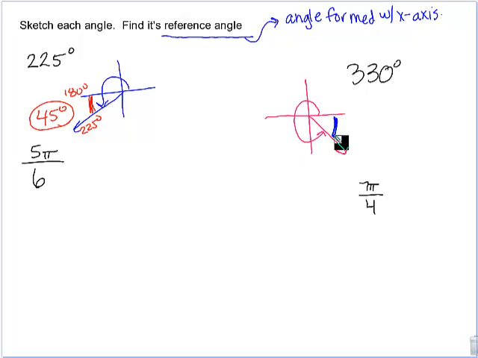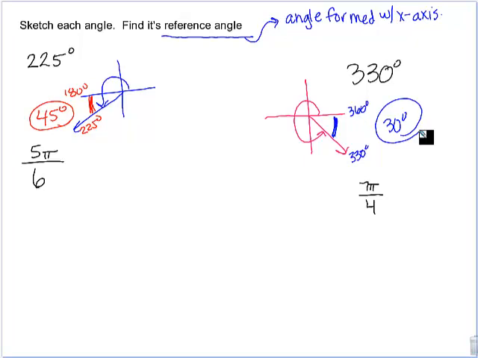Yeah, now we would subtract it from 360, because if we go all the way around, that's 360. And that one's at 330, so when we subtract those two, what do we get? 30. So 30 degrees is our reference angle. At 270, you could go to either side, and it would be 90 either way for your reference angle. Okay.